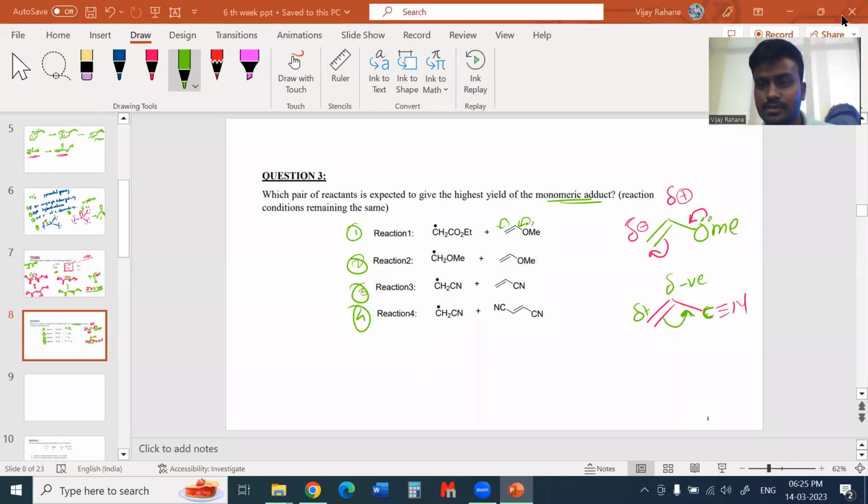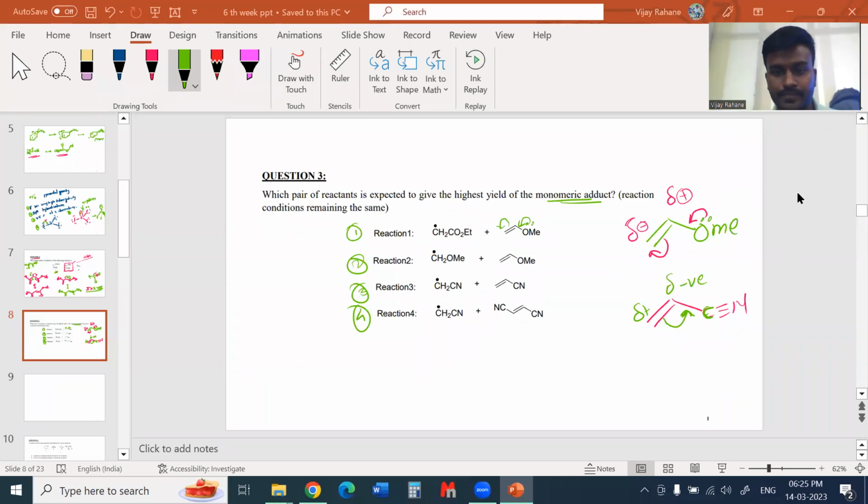So in this one, if you see, the localization will be like this, and this last option, this reactant, it has the cyano group. Both are equivalent. So in this one, there will be no such polarization. So obviously, there are many possibilities for this reactant to get reacted. So it can be reacted at this position, this carbon atom or this carbon atom.